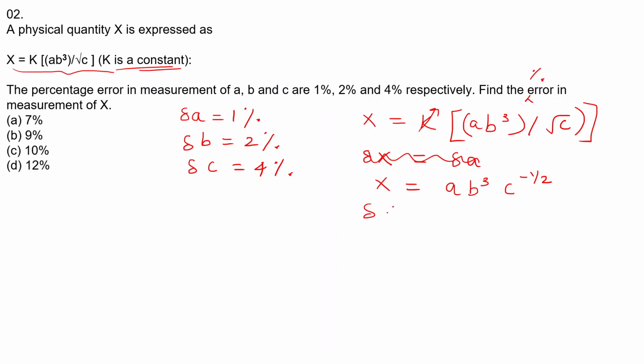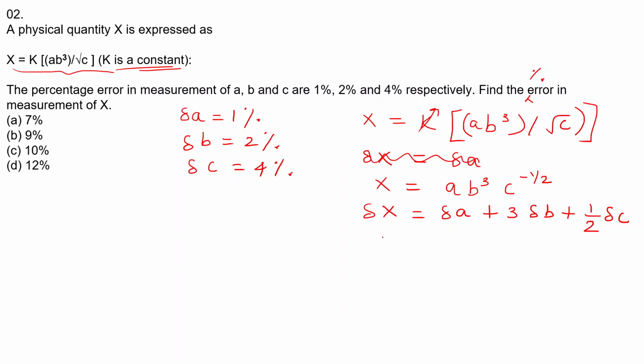Now the percentage error in X will be the percentage error in A plus 3 times the percentage error in B plus half times the percentage error in C, because we know even if the variable is in product or division, the errors are always added.